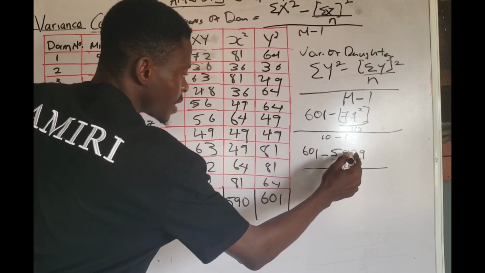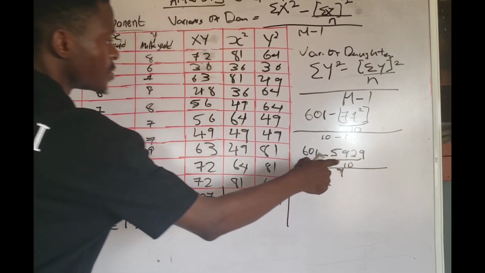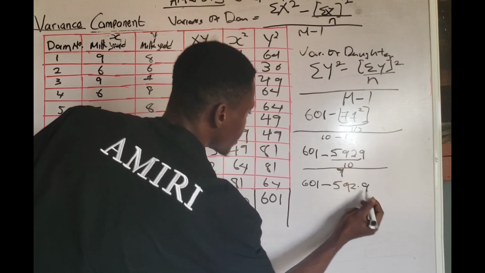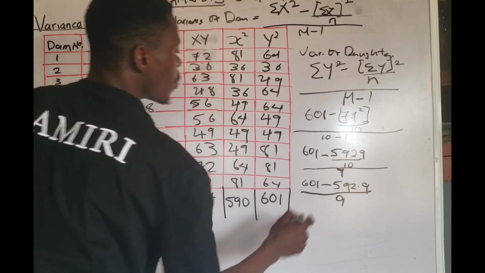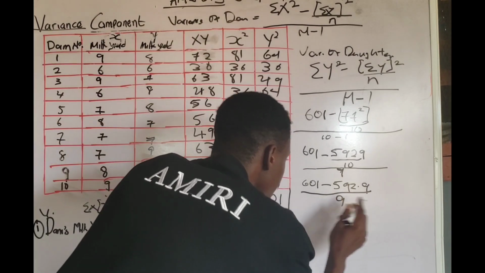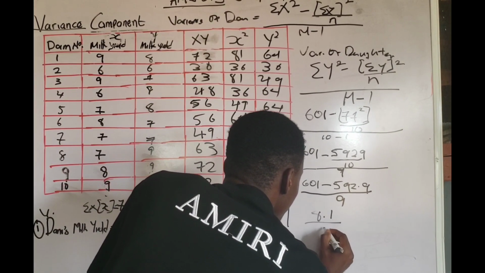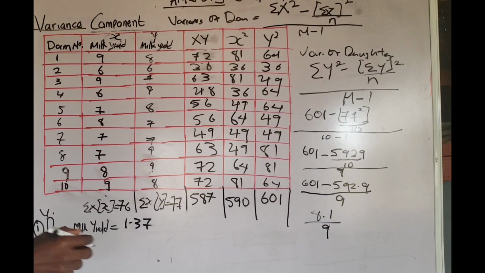So what is 5,929 divided by 10? 592.9. All over 9. So what is 601 minus 592.9? 8.1. 8.1 divided by 9 is 0.9.